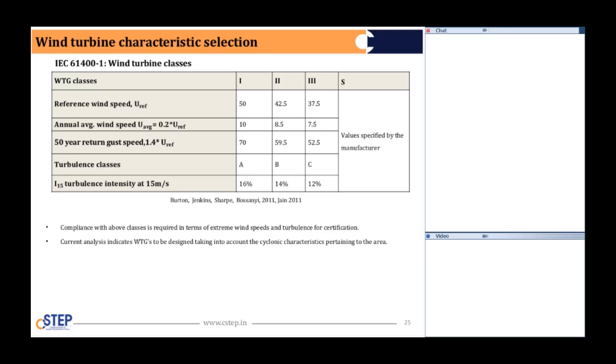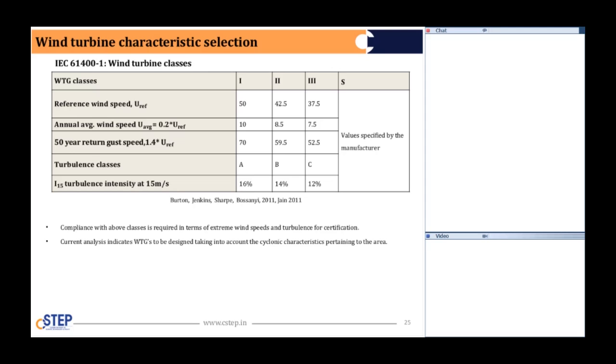The International Electrotechnical Commission, IEC, specifies standards for wind turbine design that are used in Europe to certify turbines and related electrical infrastructure. The Commission also defines wind turbine classes that cover most conditions in which turbines would be erected in the future.